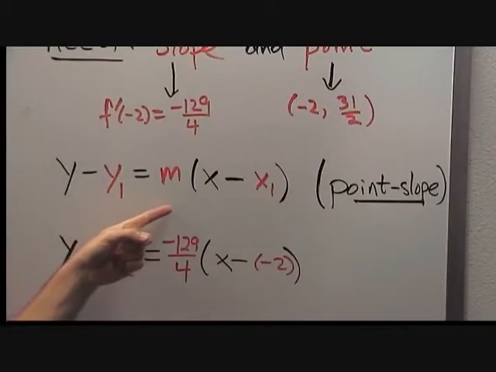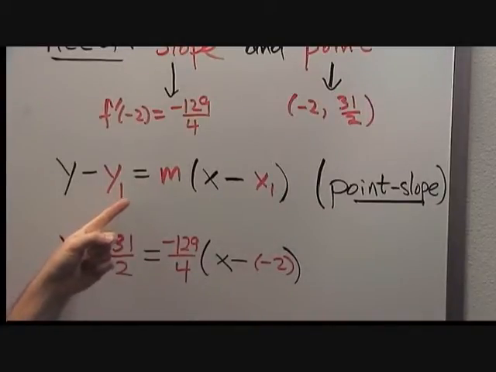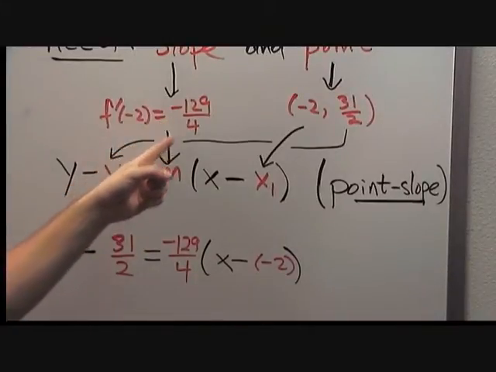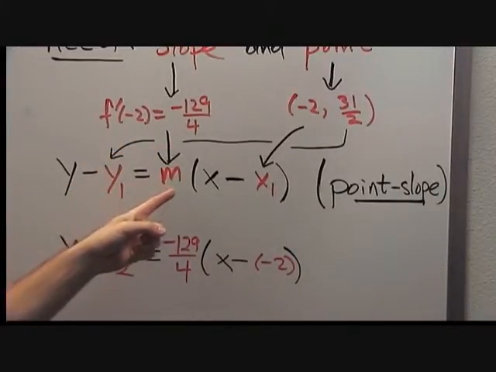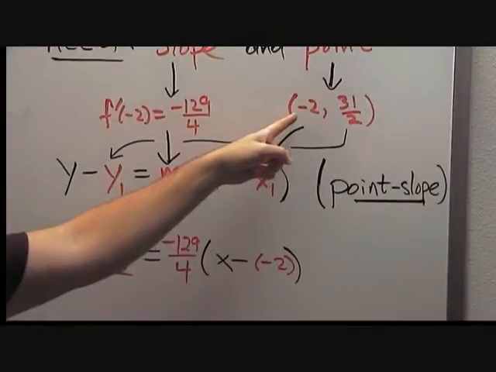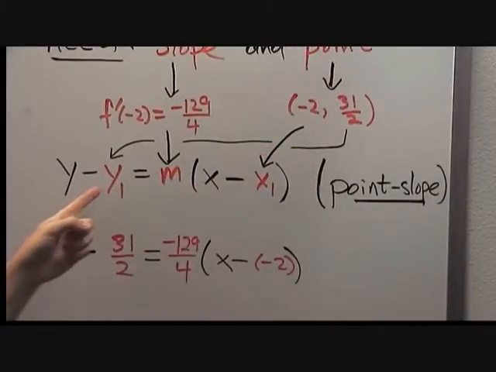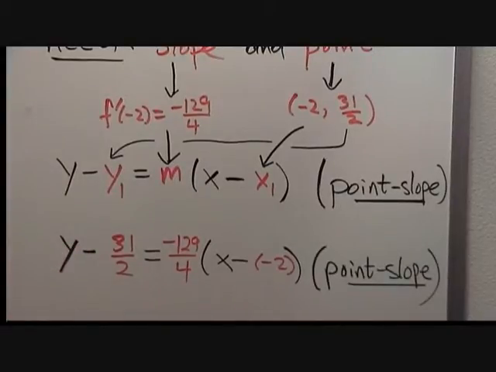This is the point-slope form of a line. x1, y1 is the point, and m is the slope. We plug in the slope for m, we plug in the x-coordinate to x1, and we plug in the y-coordinate to y1. This is the equation that describes the line, but it's written in point-slope form.